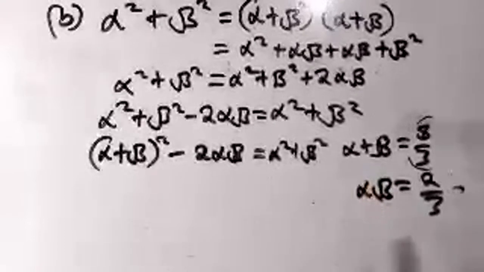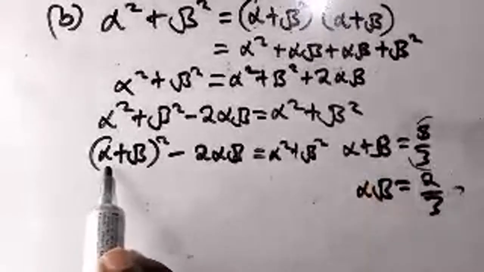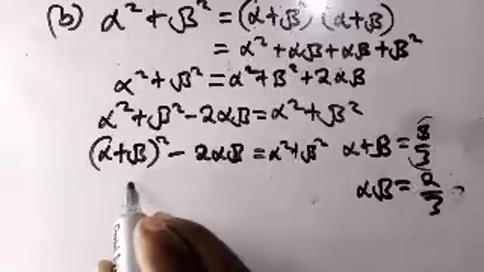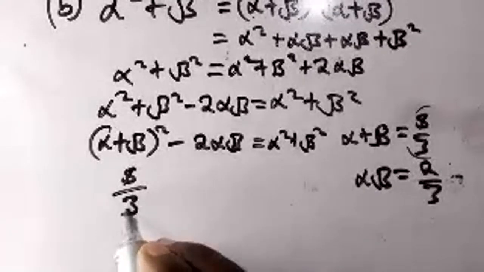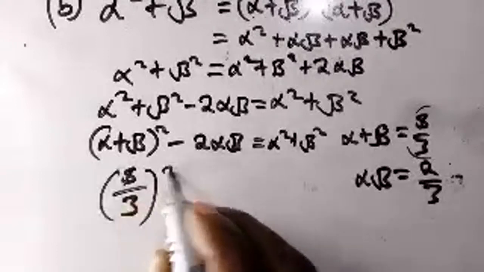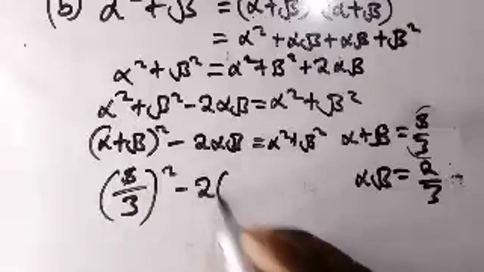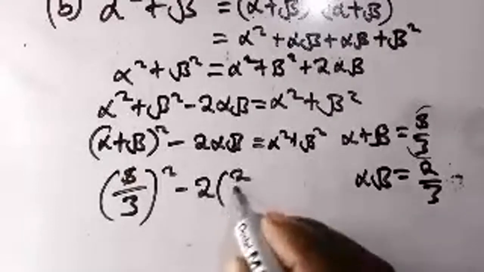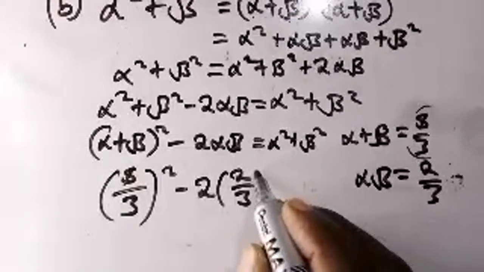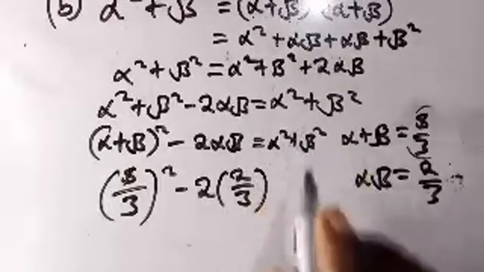Then let's substitute now where this alpha plus beta we have 8 over 3 squared, then minus 2. Then where this alpha beta, we have 2 over 3, right?